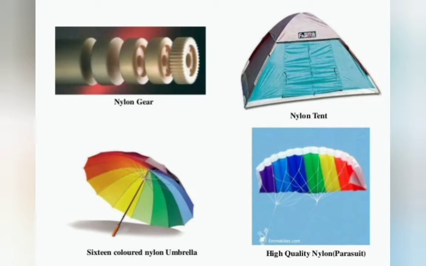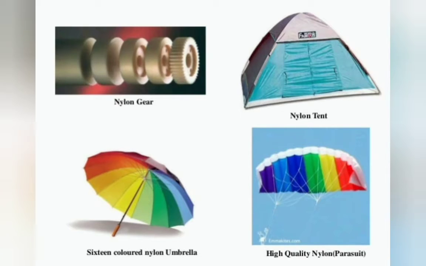Also, you can see in this picture different visual representation of the products made up of nylon, like nylon gear, nylon tent, umbrella made up of nylon, parachutes made up of nylon, etc.